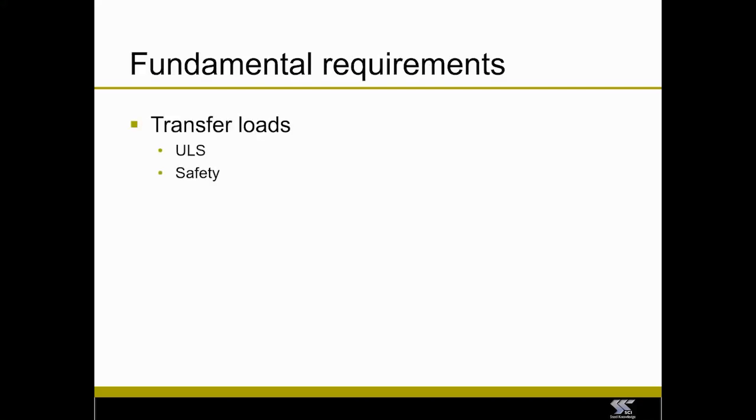So in terms of the fundamental requirements, the first one we've got there is to be able to transfer the loads, as I've mentioned. So that is an ultimate limit state requirement for the safety and strength of the building, if you like, making sure that that is going to remain stable.